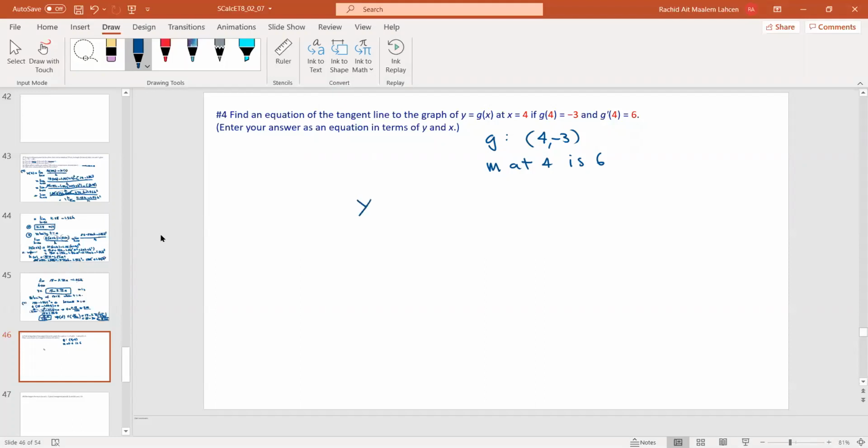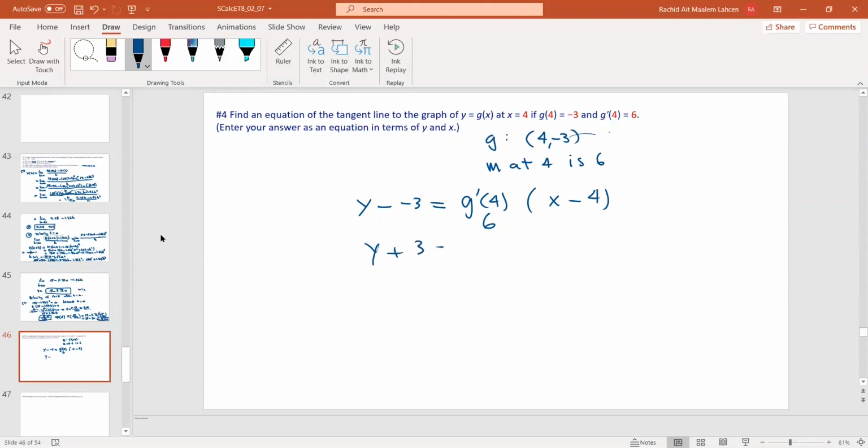So y minus y1, or f of a, or g of a here, equals the derivative at 4, which is 6, times x minus x1, which is 4. That's the formula.